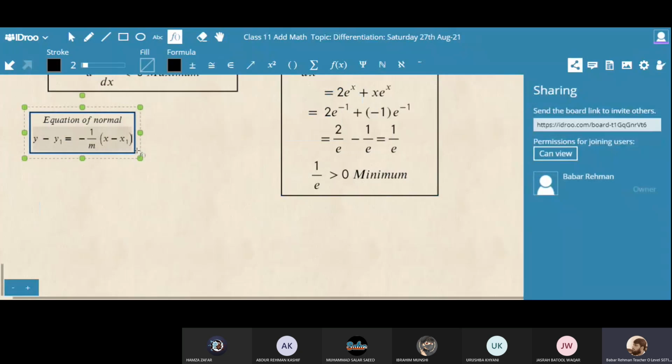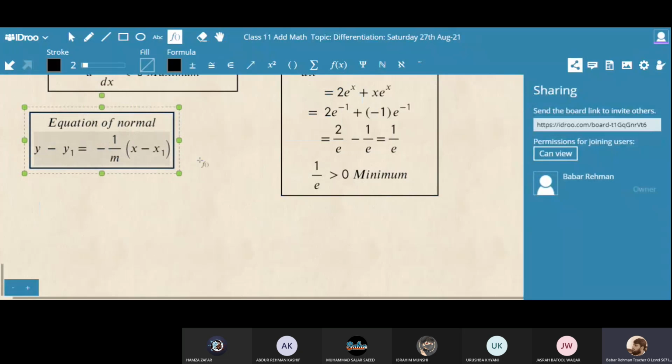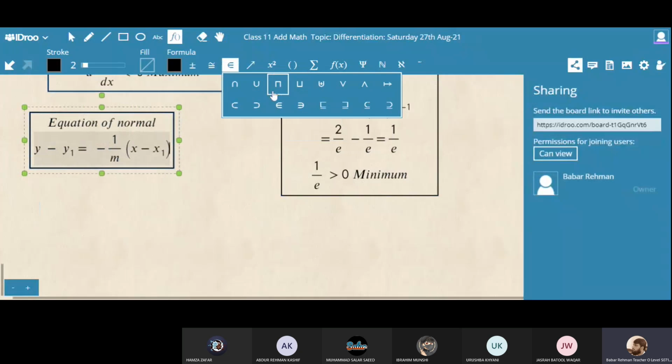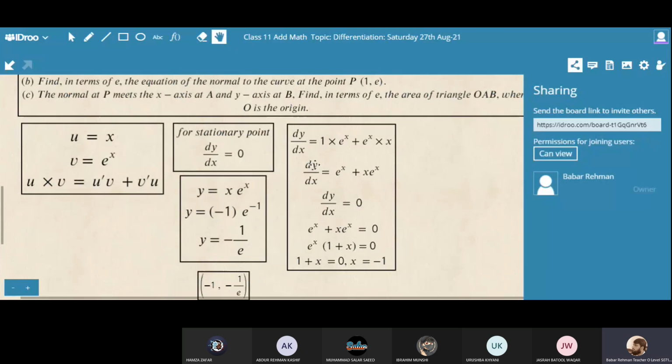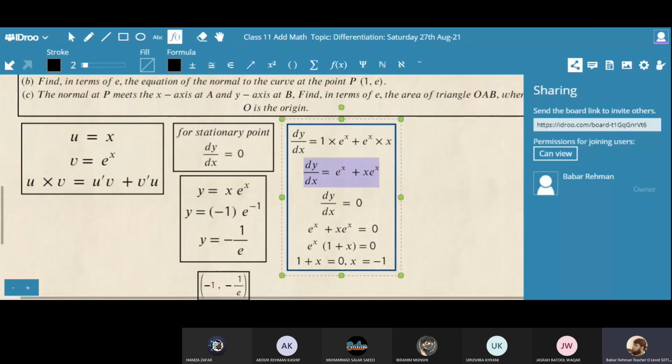This is the equation of normal. And you already know the derivative of the function: we have already found it, that is e power x plus x e power x. But we have to find the equation of normal at 1 comma e.